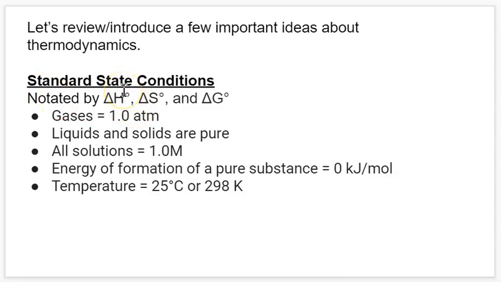And this usually means that in the substances involved, the gases are all 1 atmosphere, the liquids and solids are completely pure, all of the solutions are 1 molar, the energy of formation of pure substances like oxygen or a pure metal are 0 kilojoules per mole, and the temperature, unless notated otherwise, is 25 degrees Celsius or 298 Kelvin.